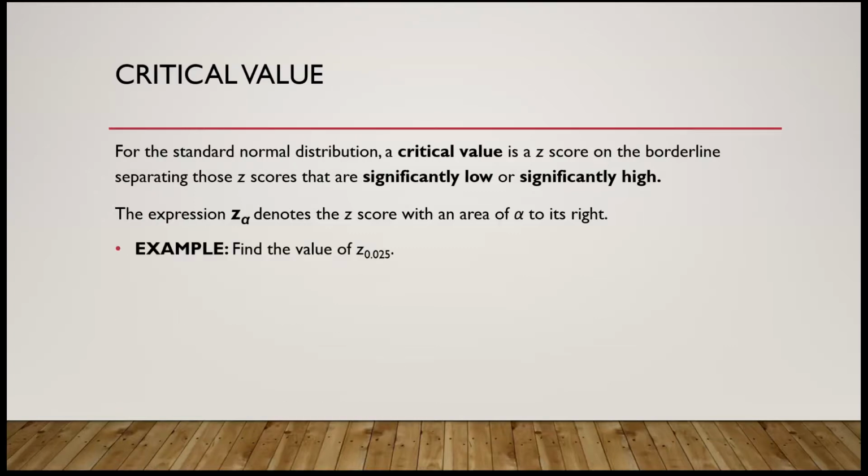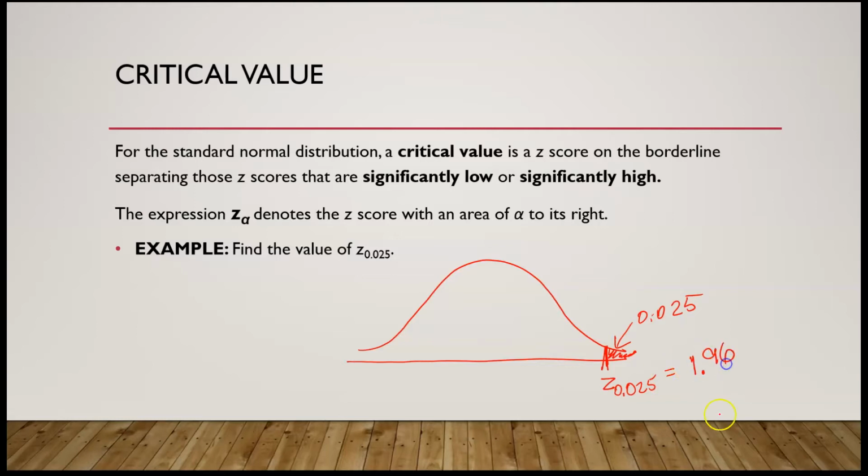So for example, z of 0.025 will indicate that we need to find the z-score that separates 2.5% or 0.025 on the right of that z-score. And we found it before, it's equal to 1.96. 1.96 and negative 1.96 are the common critical values.